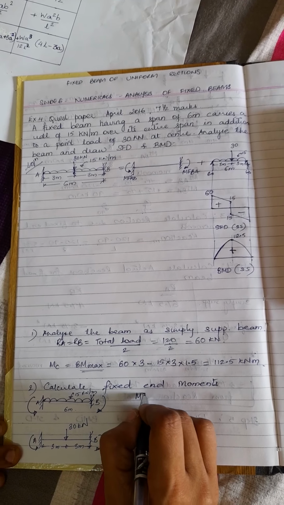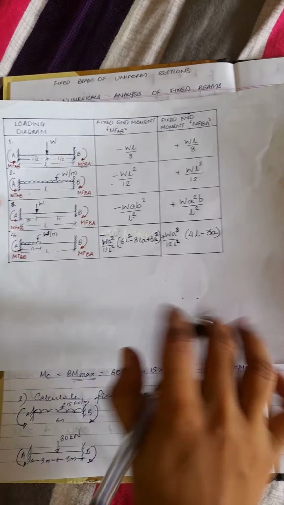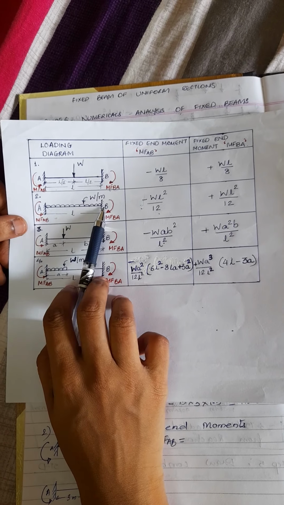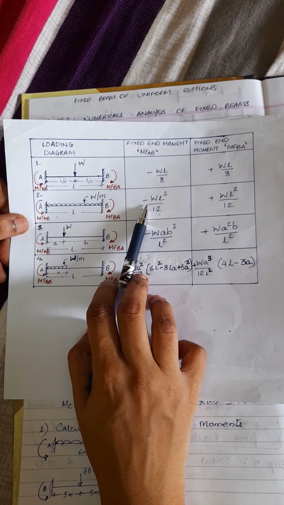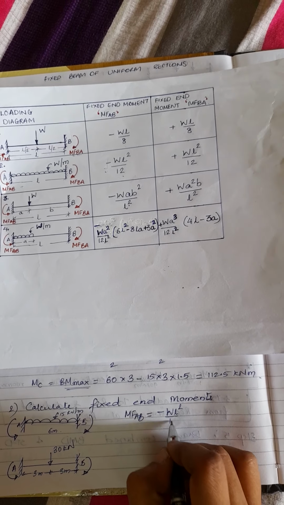So MFAB for the first case, for UDL throughout, is minus WL square by 12.